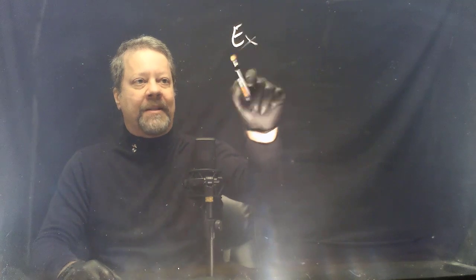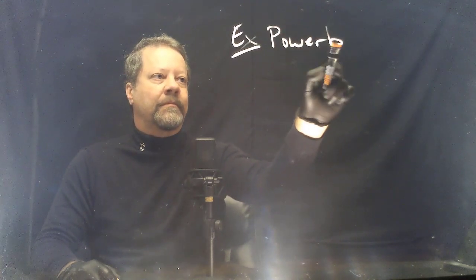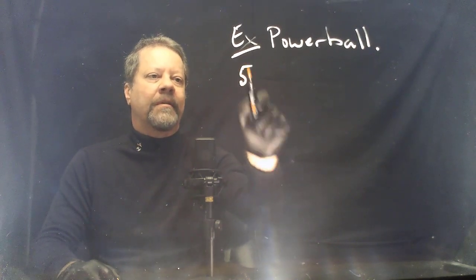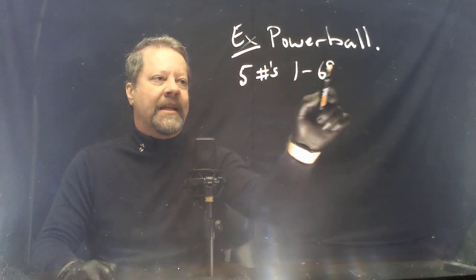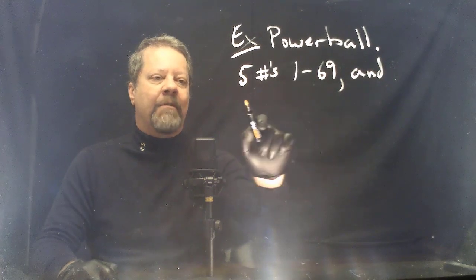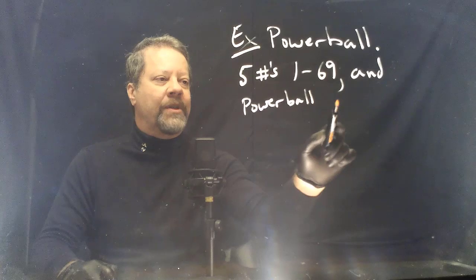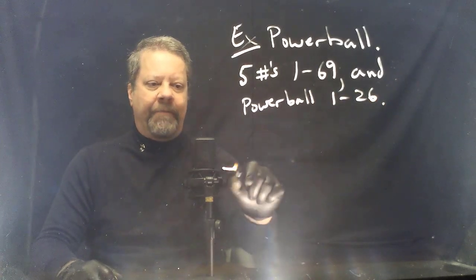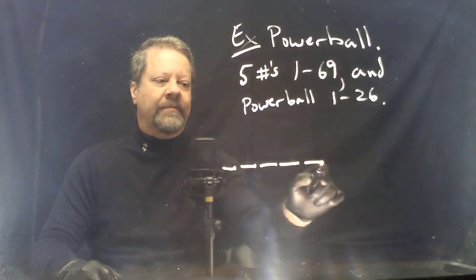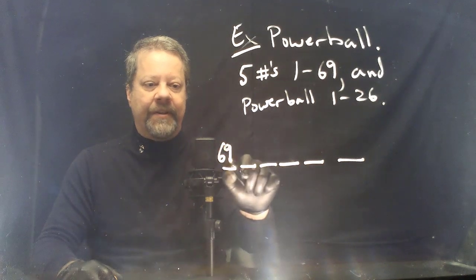Let's calculate the probability of winning the Powerball. There are 5 numbers, 1 through 69, and the Powerball, which takes numbers 1 through 26. So we have 5 places to fill, plus the Powerball. There are 69 ways to fill this first slot.